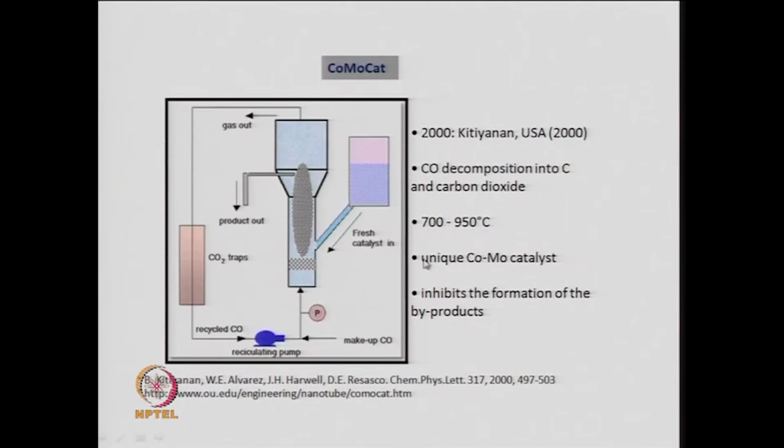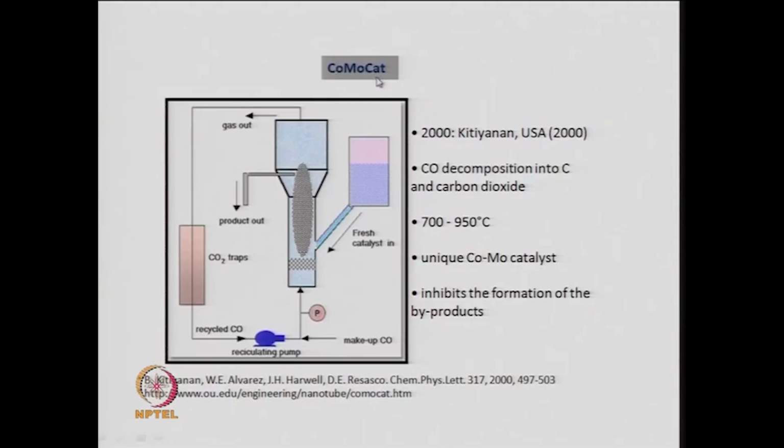Now, this is also a very special method, because we use a very unique cobalt molybdenum catalyst, and this method is good because it does not form too many side products. So, it gives you very uniform carbon nanotubes. This is what is called the COMOCAT process.